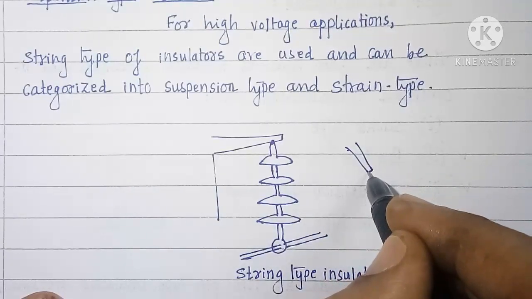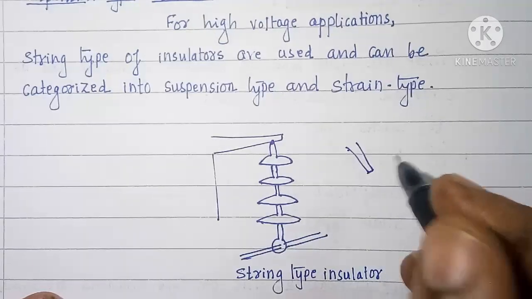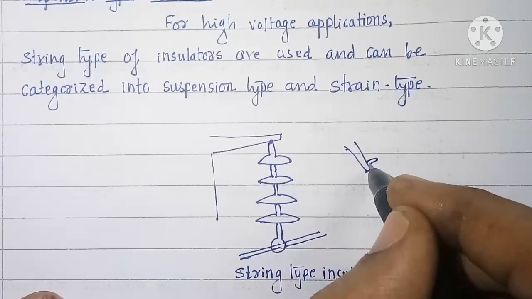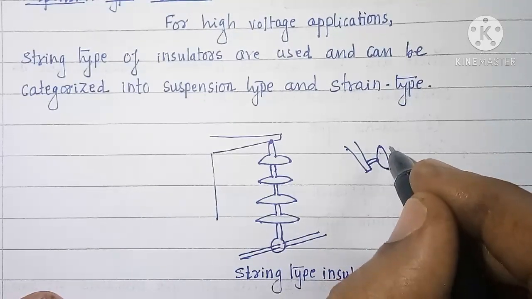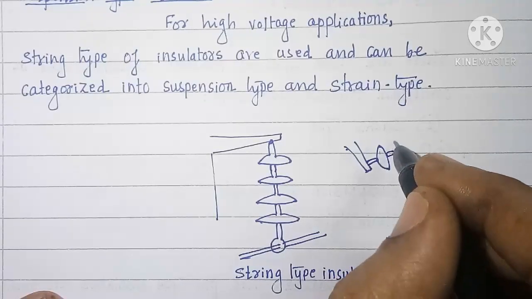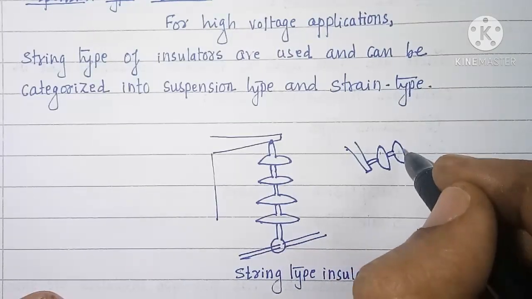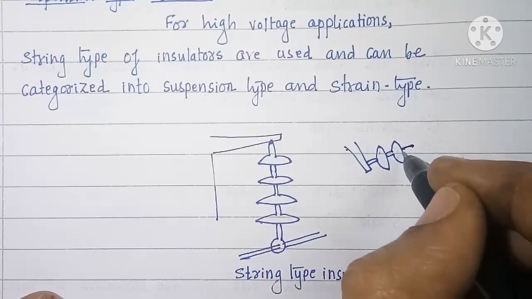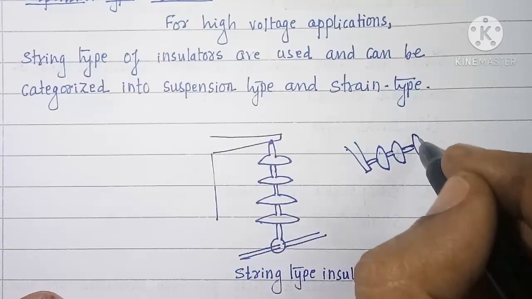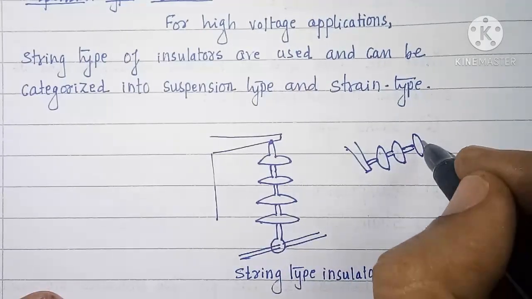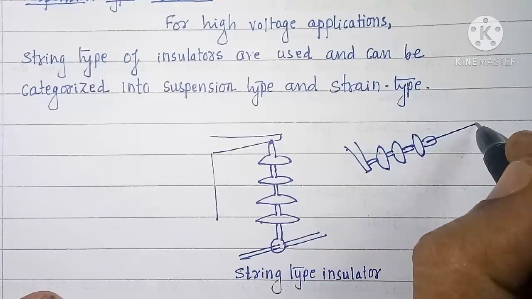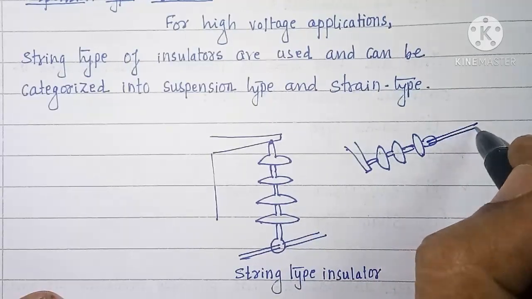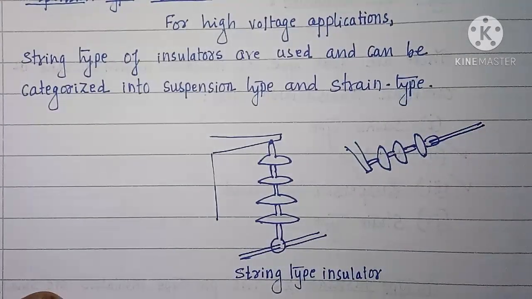So this is the cross arm of another pole. Here the insulator string is kept in a horizontal position, and to this the conductor is connected.